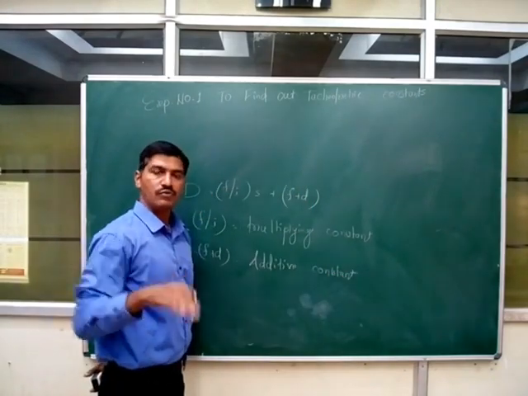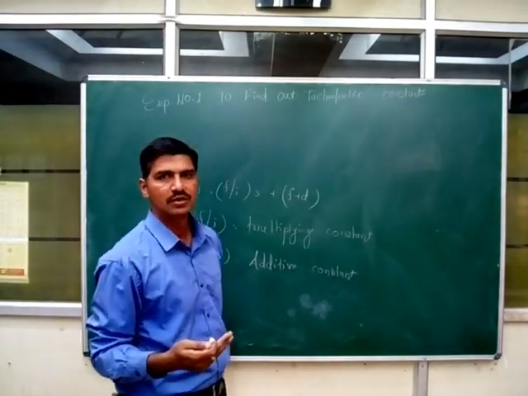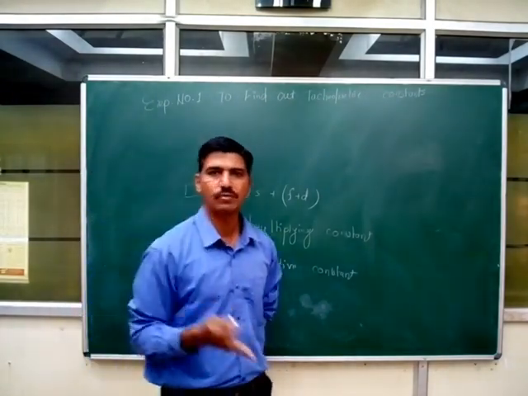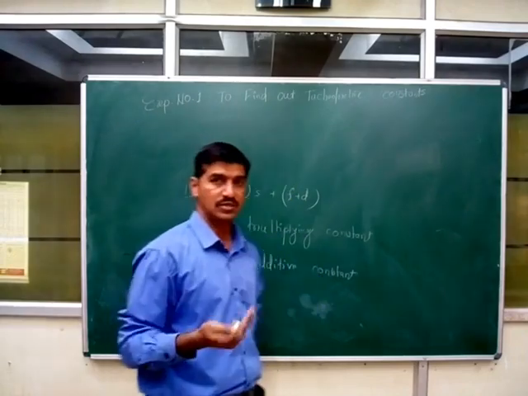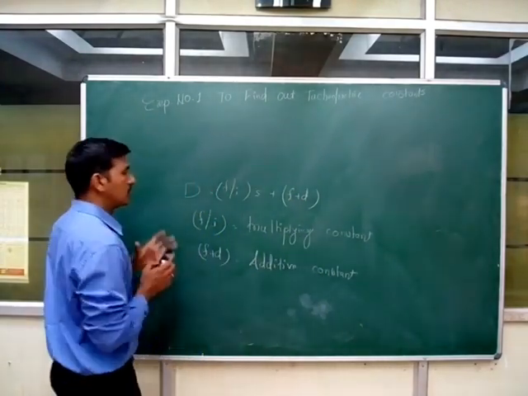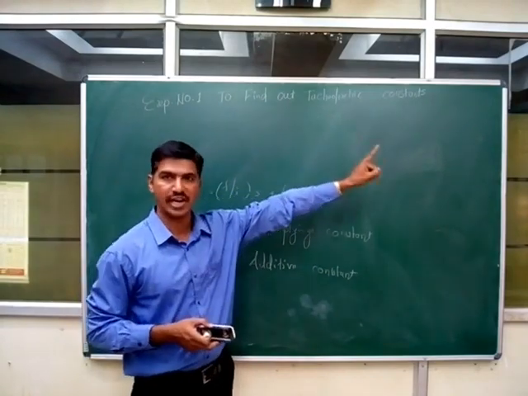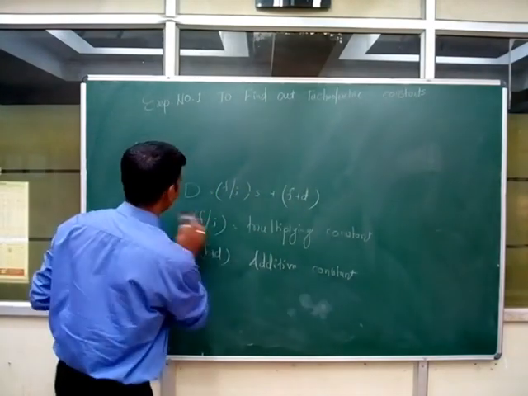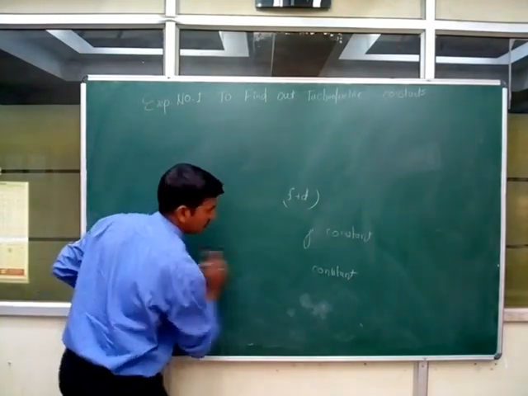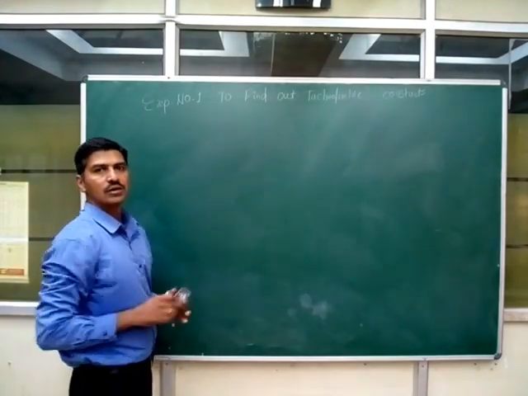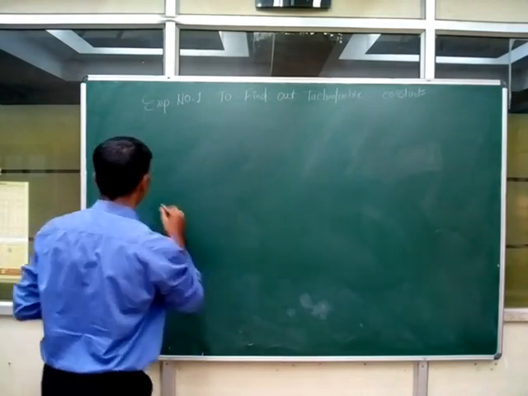Before moving with this tachymetric lab, we would like to find out F upon I, the multiplying constant, and F plus D, the additive constant. Today we will learn how to find out the constants of a tachymeter. A very simple lab practical, which we are going to perform right now. I will just explain the brief details about the experiment.